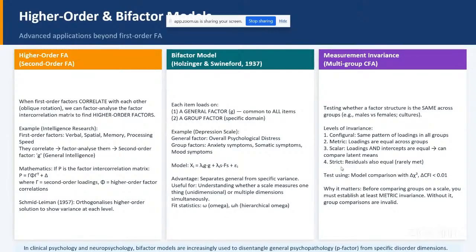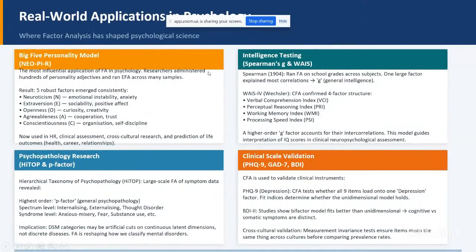Then strict invariance, which is the hardest to achieve: residuals are also equal, that is the error part should be equal, and it is rarely met. Okay, go to the next slide. These are the real life applications we have. These are examples from some studies in psychological science, so you can just go through them.